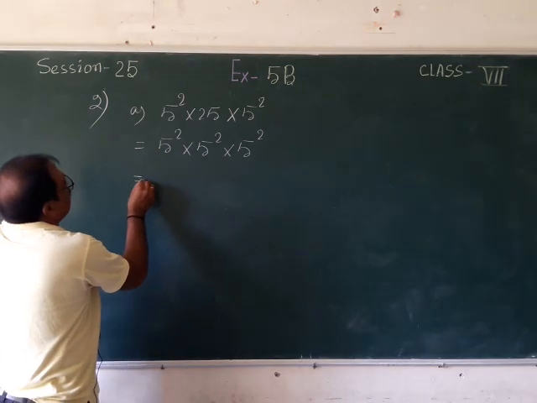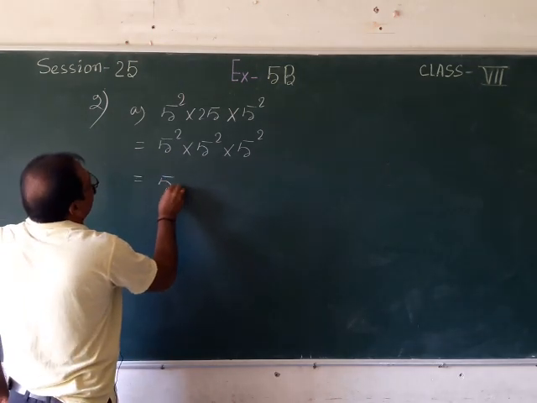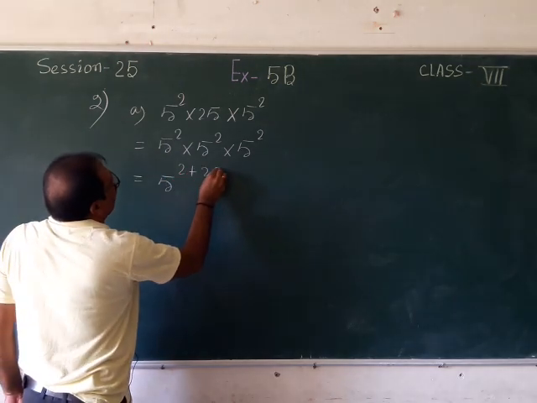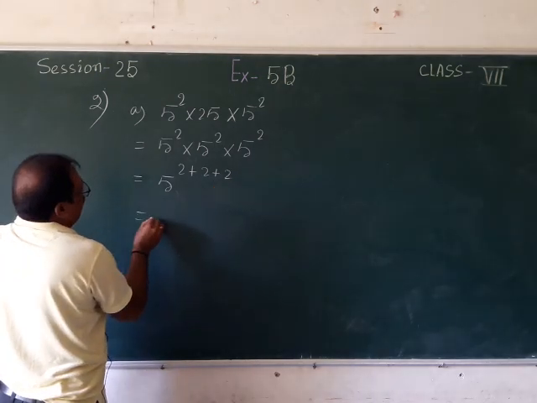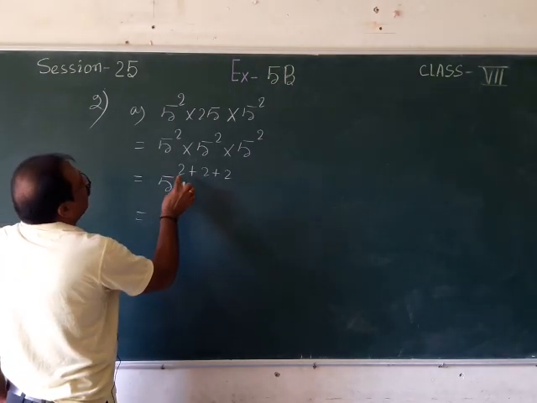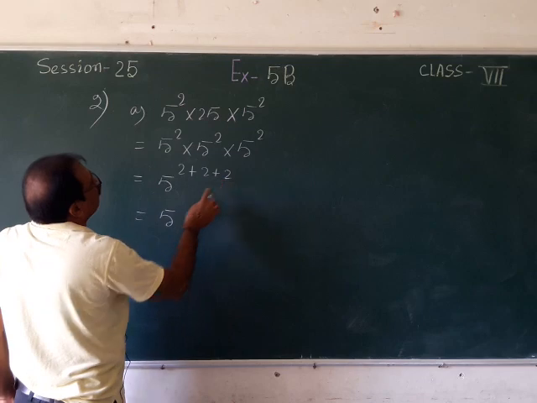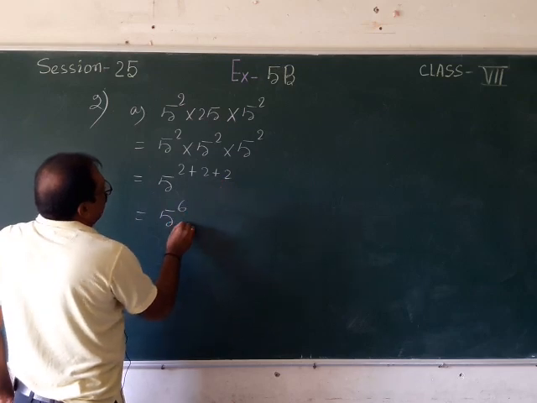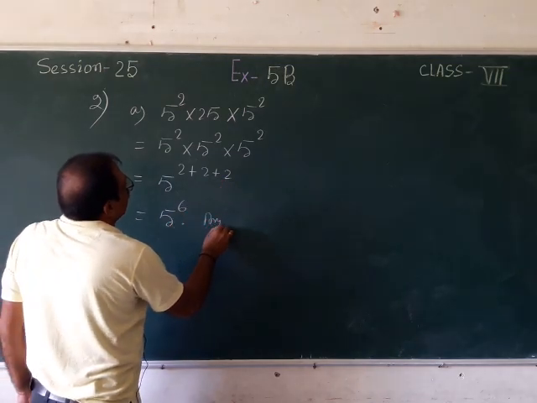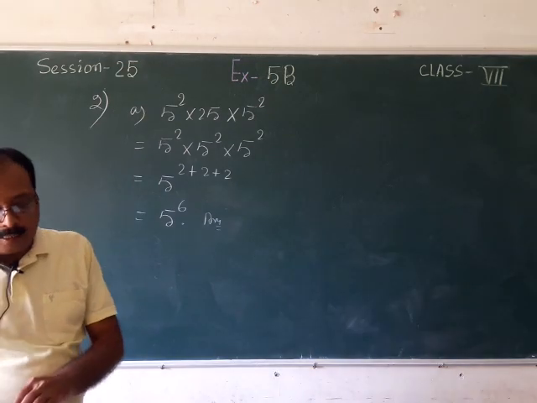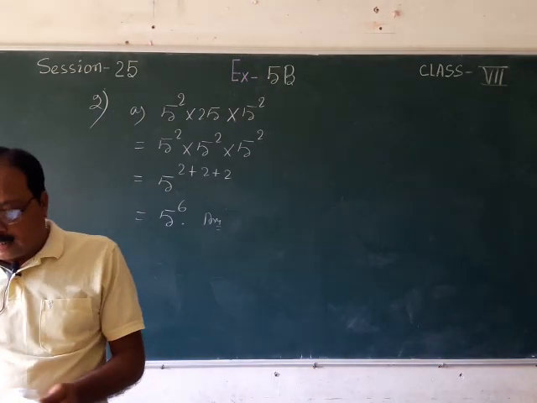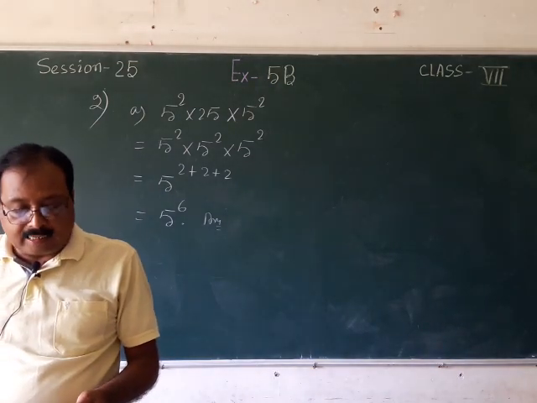This is the case of multiplication, so all the powers should be added, 2 plus 2 plus 2. Further I can write here 5 to the power 2 plus 2 plus 2, that is 6. So it will be 5 to the power 6. You can write your answer like this. This form is suitable to write the answer like that.